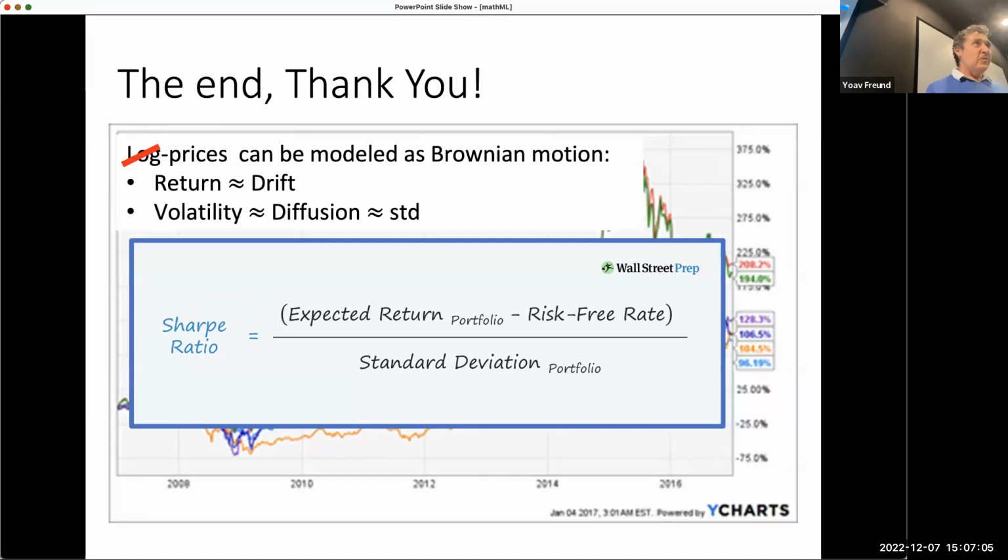So it's a different thing to analyze log prices than prices. Log prices are good for the long term. You know that over a long term you kind of have a multiplier, but over a short term, let's say a month, you don't want the multiplier. You want to actually gain some money. So that's it. Thank you.